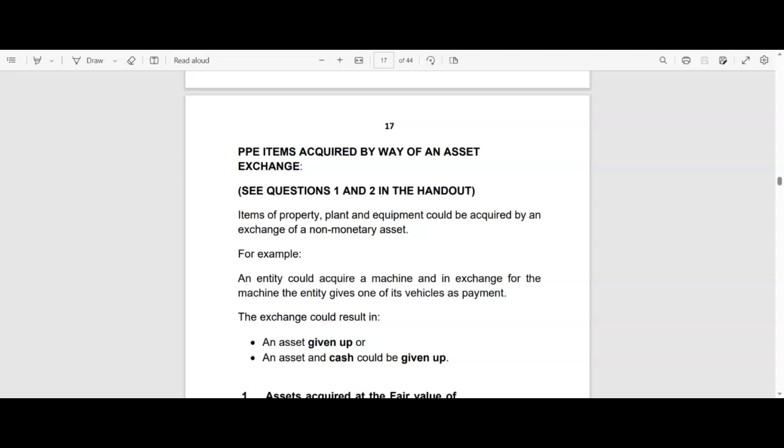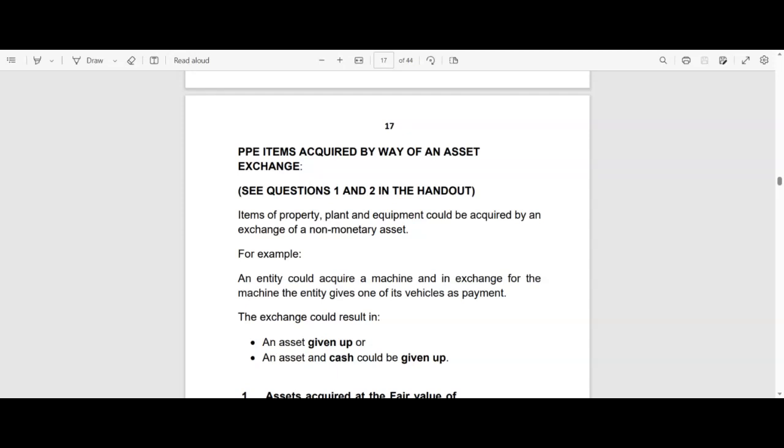Let's say that motor vehicle wasn't marked 200,000 rands. We could go and negotiate a price. So it wasn't specifically marked 200,000 rands. Then how would we have determined that its cost is 200,000? As we've just said, we would have looked at how much we paid for it. We paid for it by using our old vehicle, and we also topped it up with cash. So now my trick question, ladies and gentlemen.